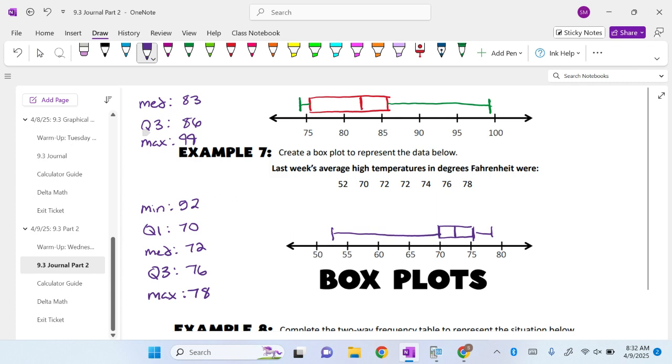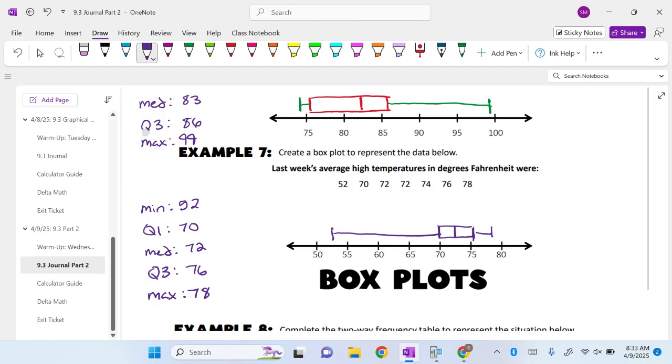So if you ever need to do a box plot, especially with a big data set that's not in order, your 5-number summary can be done for you if you put it in your calculator. So again, it's very similar to if you were doing a regression in your calculator, except you're only filling in L1, and then when you hit calc, you're just going to hit enter as soon as it's on the calc side.